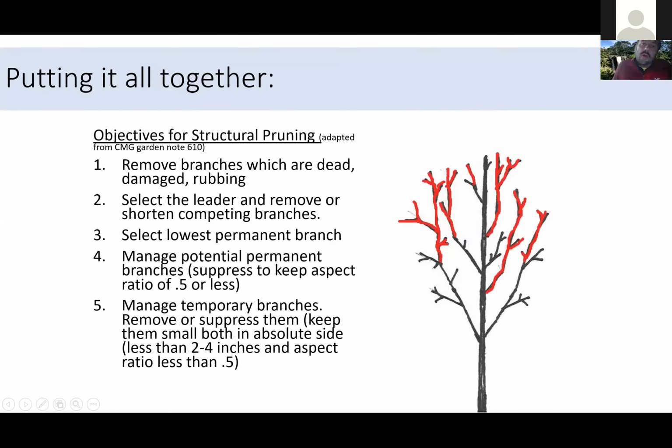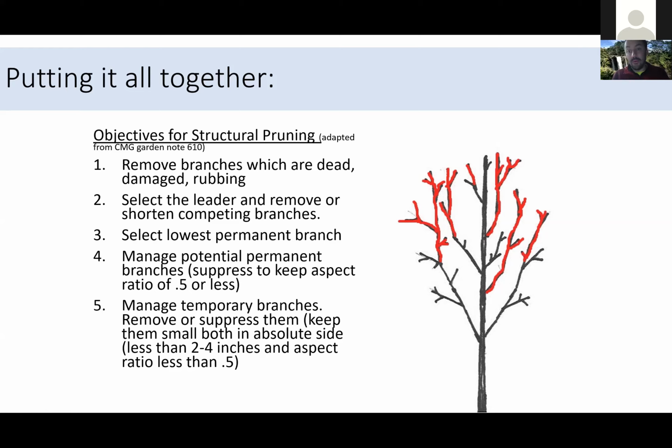Okay, so putting all those different strategies together, this is kind of like the Cue Code, take me out to prune a tree. It's a modification of something we have in the garden notes. When I approach a tree, the first thing I would do is remove the dead, damaged, broken, rubbing branches. Always do that. Deadwood's free, but if the branches are living, they have to count against your pruning budget. We're then going to select the leader.